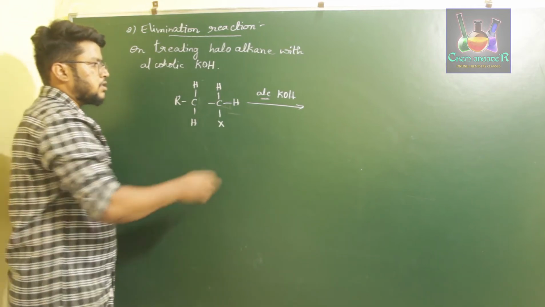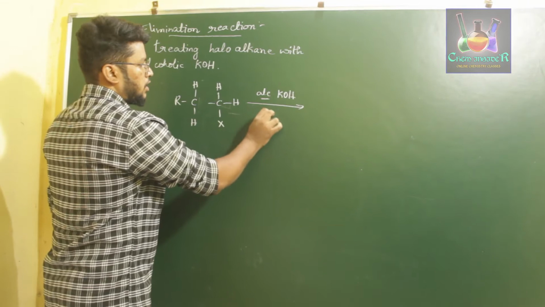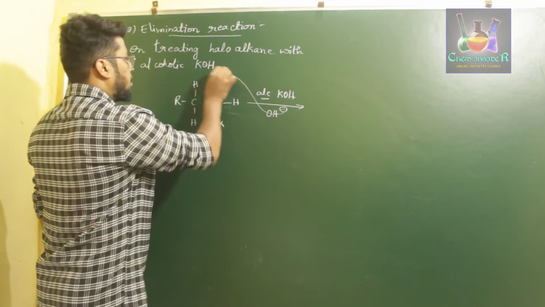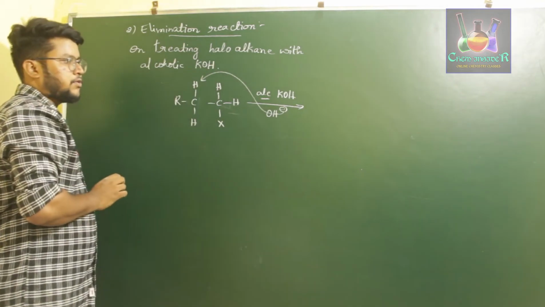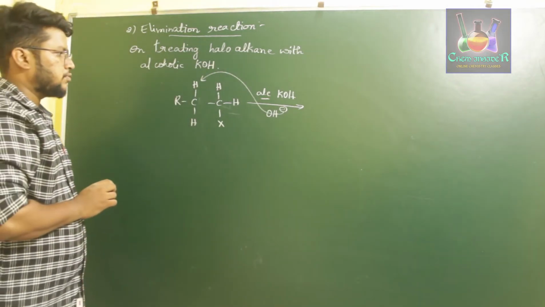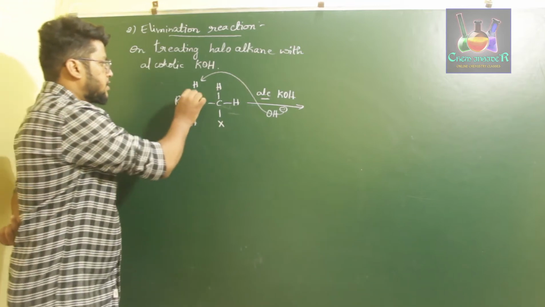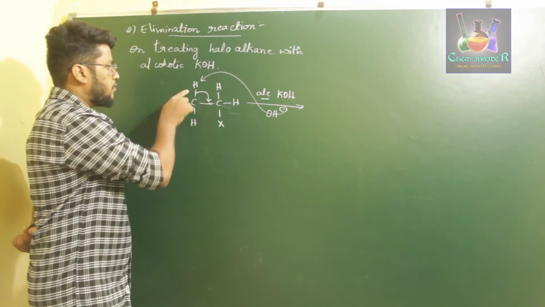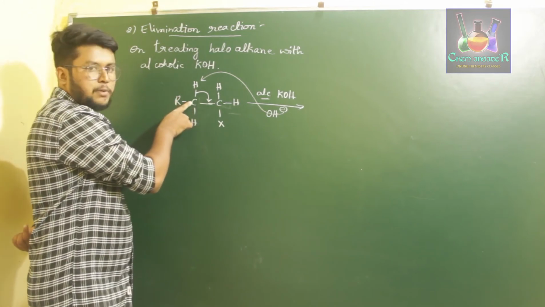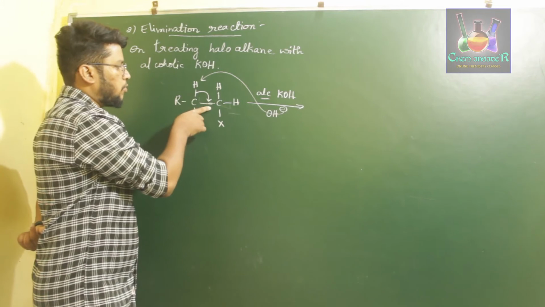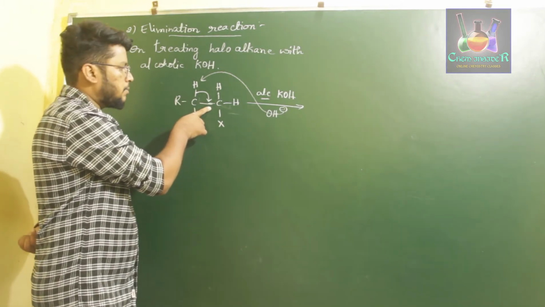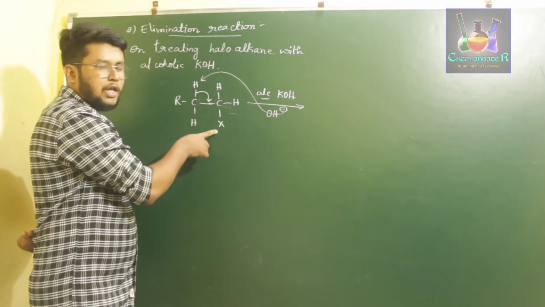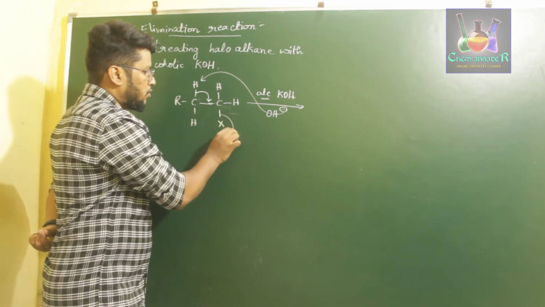So what happens is, alcoholic KOH provides the OH minus ion. This OH minus ion plucks off the alpha hydrogen. If you remove the alpha hydrogen, the carbon bonded with the hydrogen shifts its bond to the neighboring carbon atom which is attached to the halogen, resulting in the leaving of the halogen.